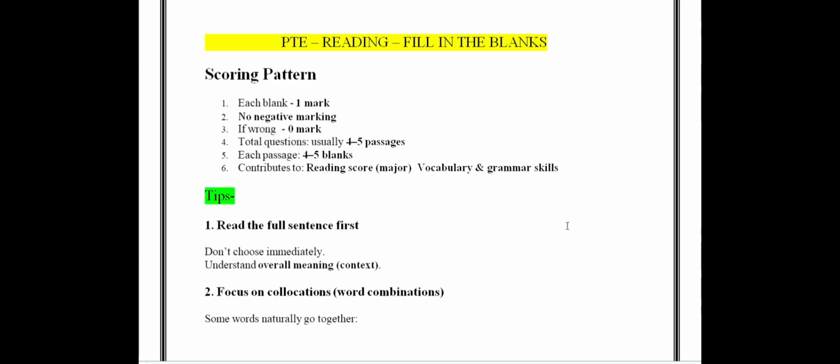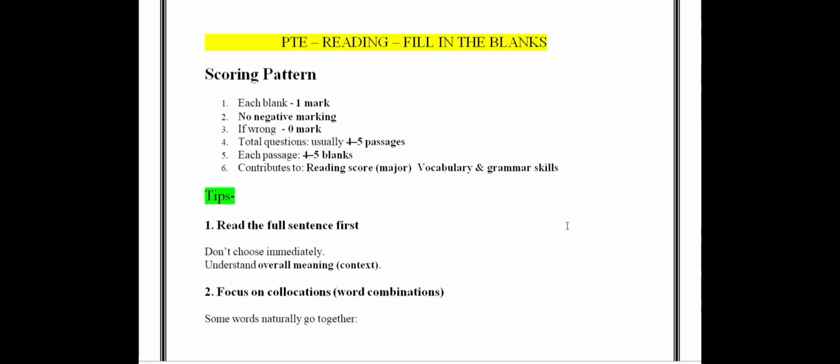The most important thing the PTE student should remember is that this section is a major score for your reading section only. Your speaking, writing, and listening sections contribute a little to other modules also. But when you do fill in the blanks in reading, this contributes only to reading. Your vocabulary and grammar skills are the other areas where you get the score.